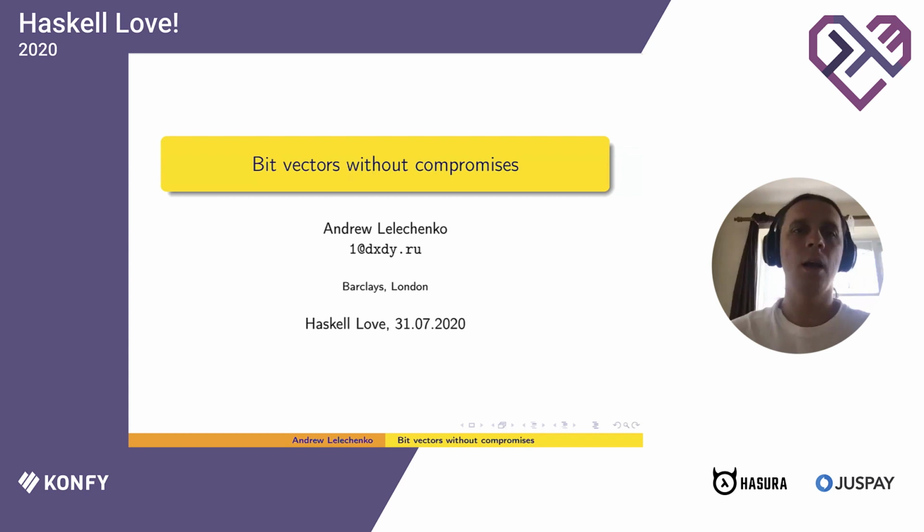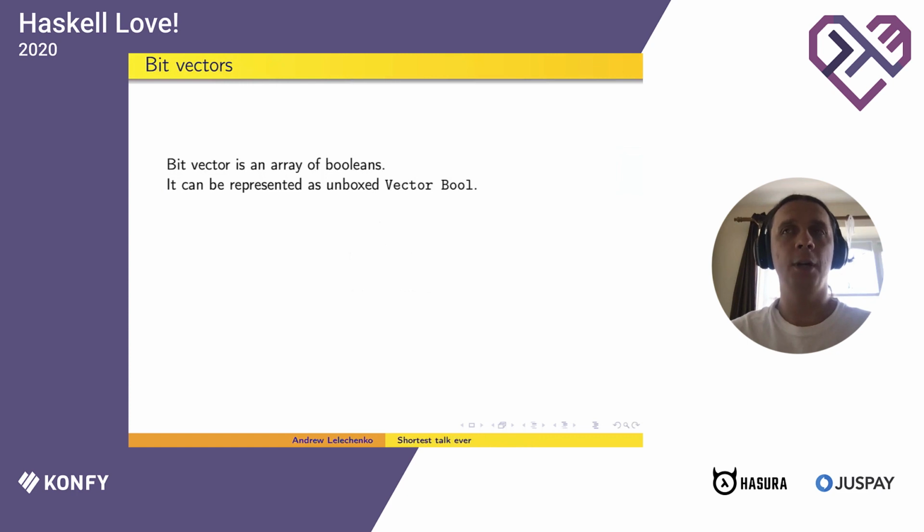Hi there. I'm going to talk about bit vectors and the best ways to implement them in Haskell. So a bit vector is a simple thing. It's just an array of booleans, and as conventional wisdom tells us, it can be represented as an unboxed vector from package vector of Bool, where Bool is True or False, so True stands for 1 and False stands for 0, for example.